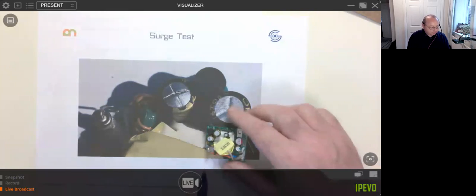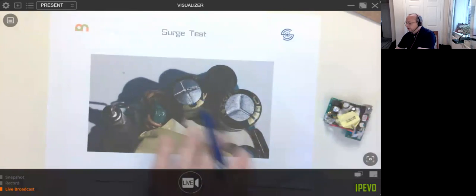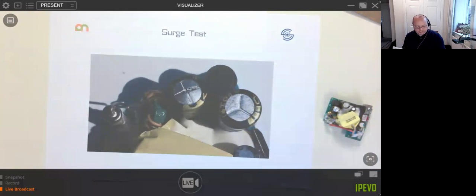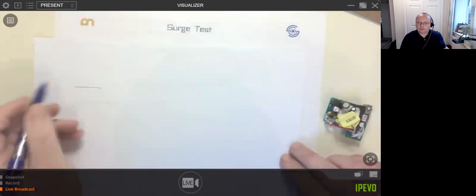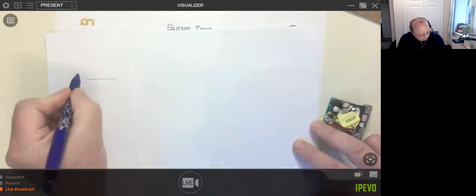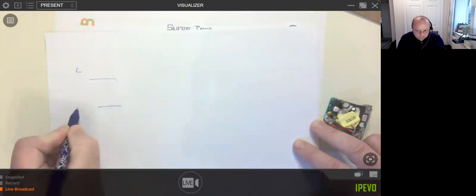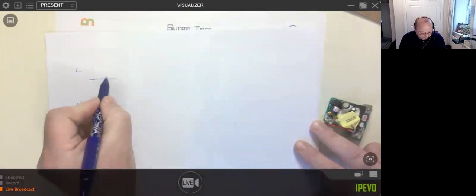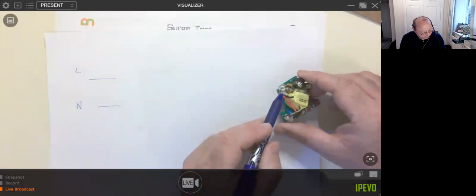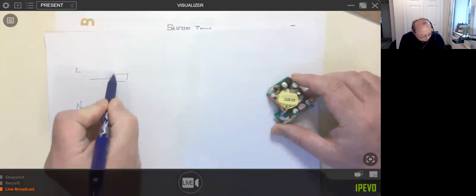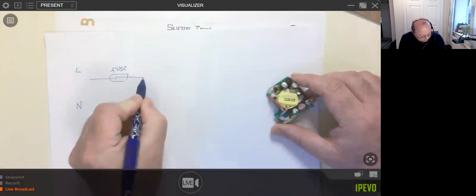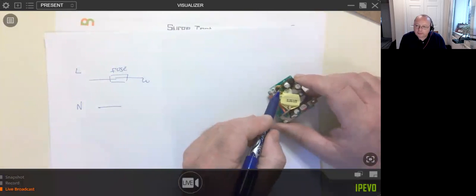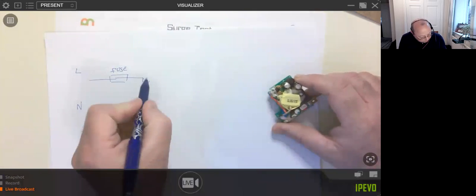So in this design here, I'll draw on here what the circuit is. And this is a case of trust nobody when it comes to this stuff. Live, neutral. Yep, they've got a fuse, which is this thing here. So I'm pleased to say there was a fuse. Then they had, because we reverse engineered it, this green thing here, hopefully you can see that. That's just a common mode choke.